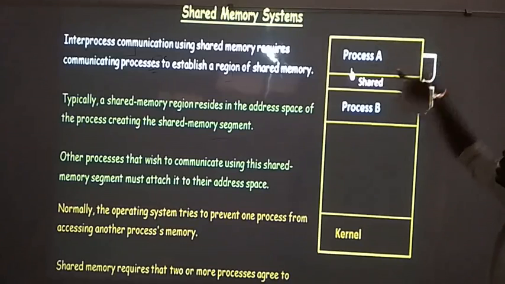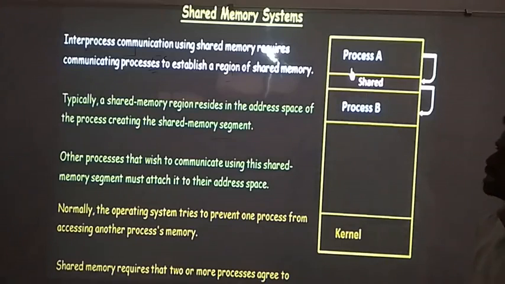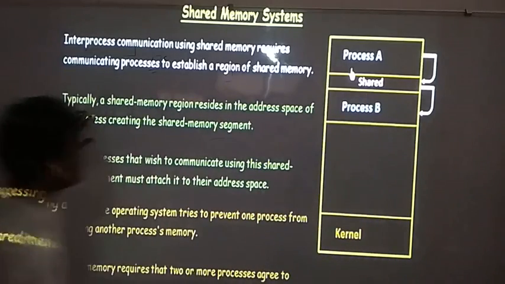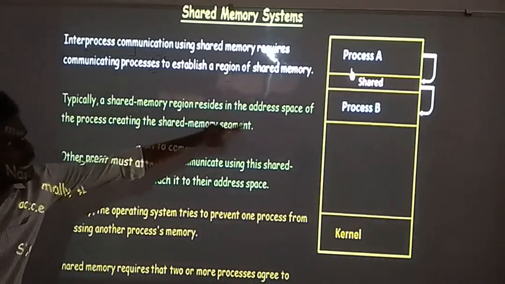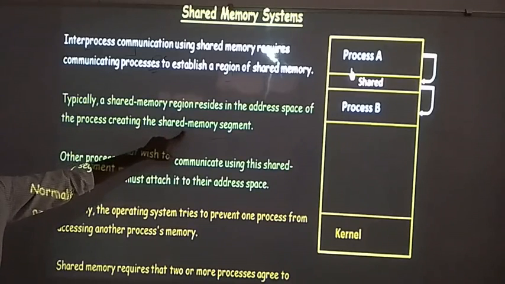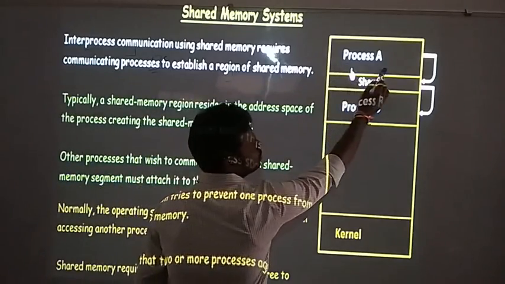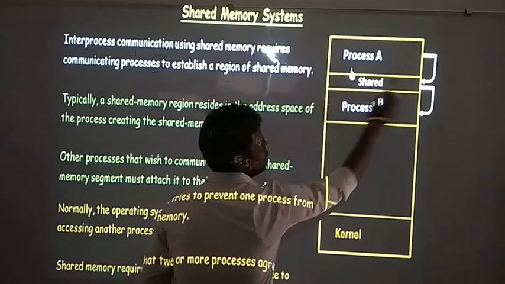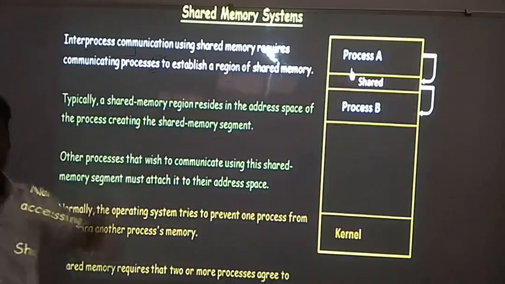That process is going to create this shared memory region. Typically, the shared memory region resides in the address space of the process creating it. When process A wants to share data, it creates the shared memory by using its address space.